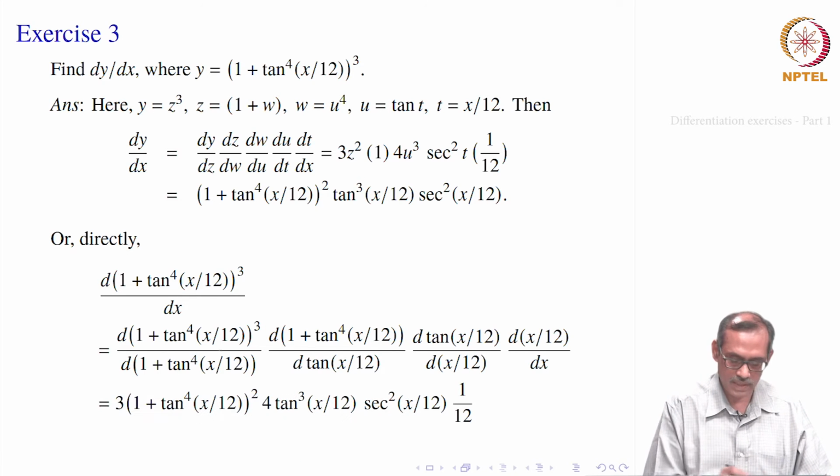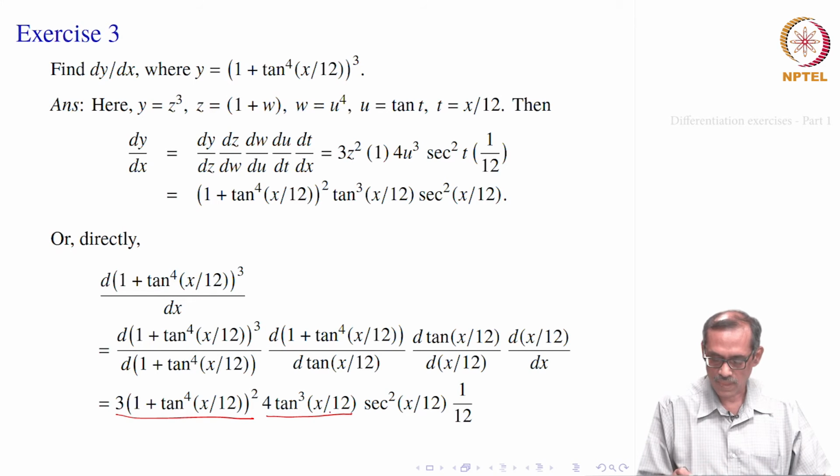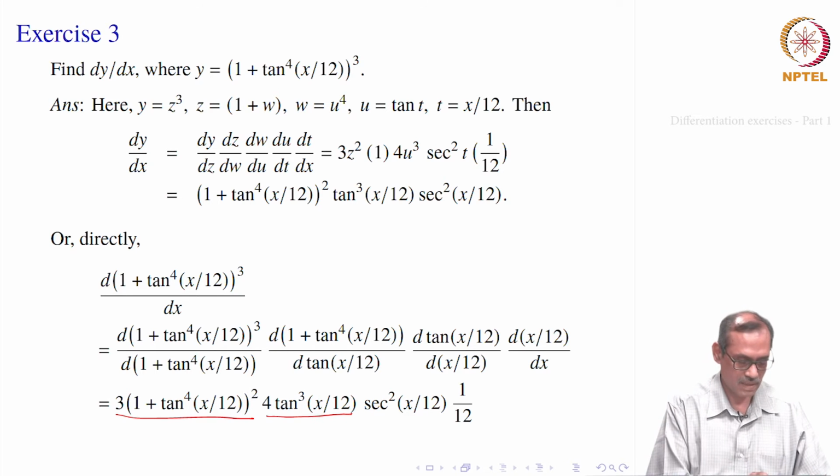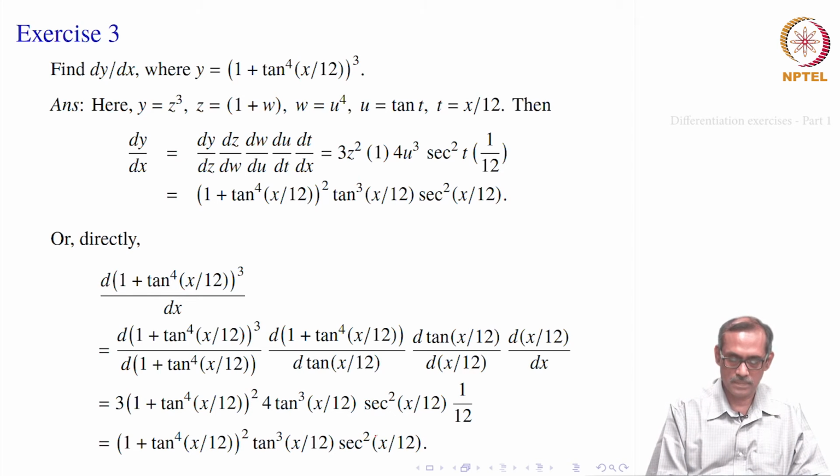Then immediately you get tan fourth, so it is 3 times tan square, and this gives us 1 plus z fourth, that gives 4 tan cubed x by 12, and then the derivative of tan x by 12 is secant square x by 12, and dx by 12 over dx is 1 by 12. As earlier, we get the same answer, which we know how to obtain.